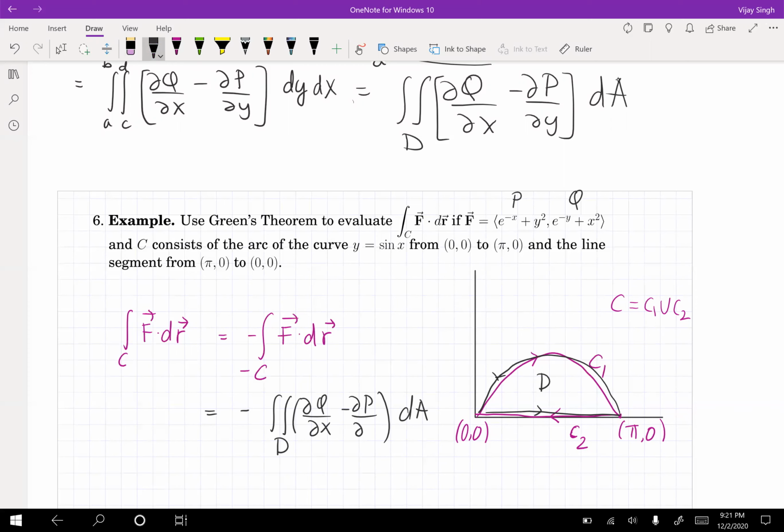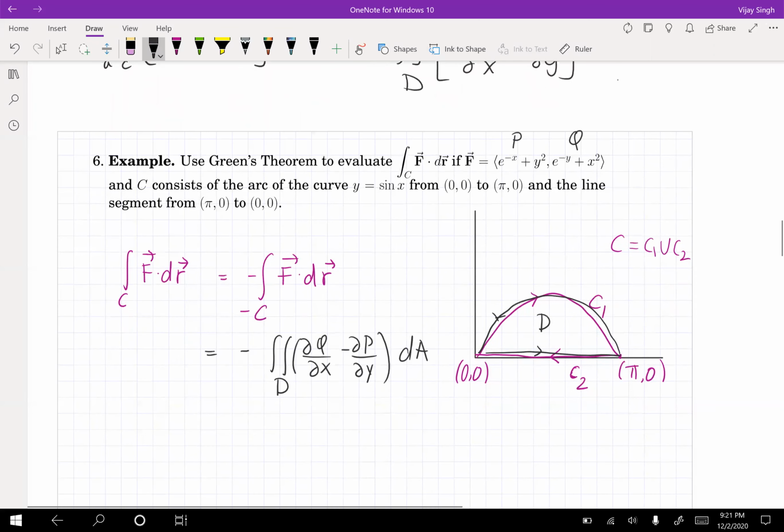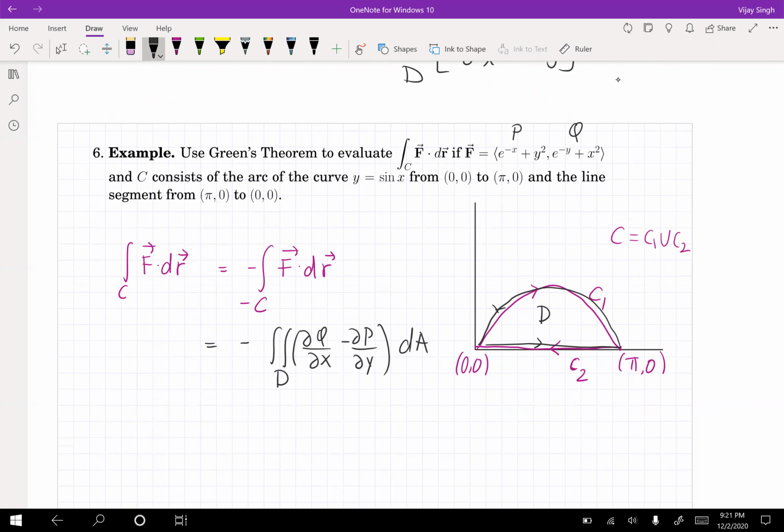We are already given P and Q, so this is going to be minus the integral over region D of dou Q by dou x. So the derivative of this with respect to x is going to be 2x, minus the derivative of P with respect to y, which is going to be 2y, and then dA.